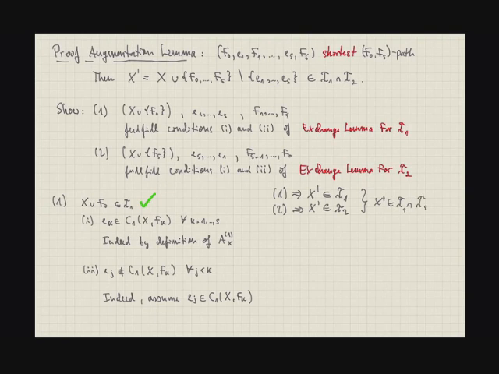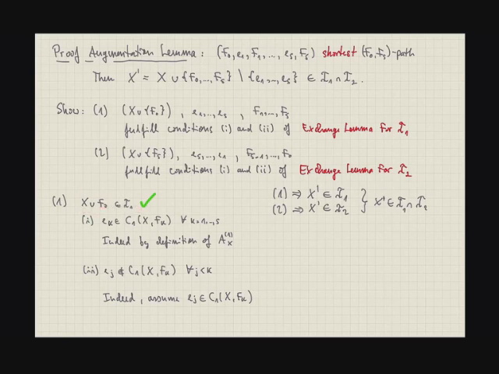Okay, let's see. The first thing that I already explained, the exchange lemma was working on independent sets. And indeed, by our choice of this element F0, which was an element that could be feasibly added with respect to the first matroid, this is indeed an independent set.